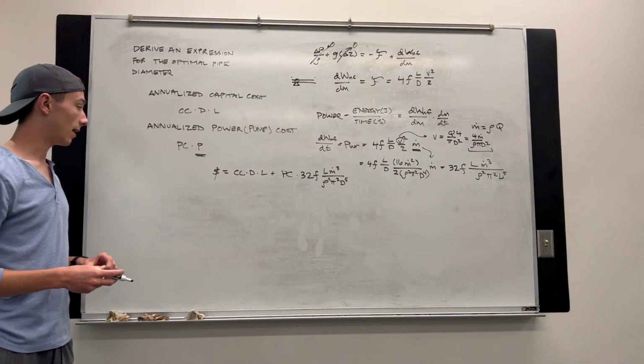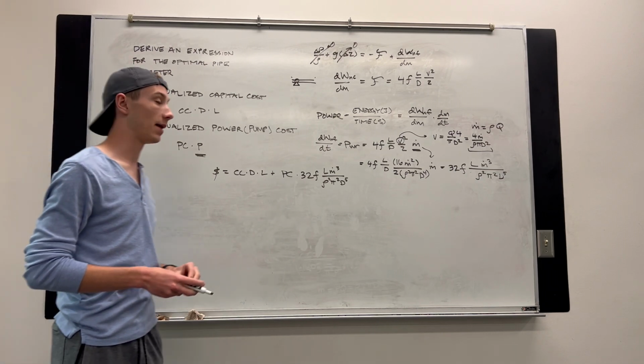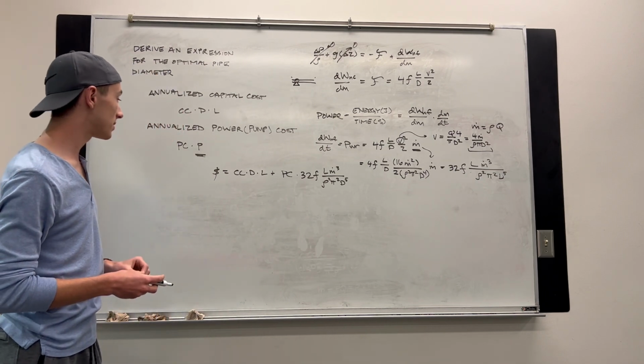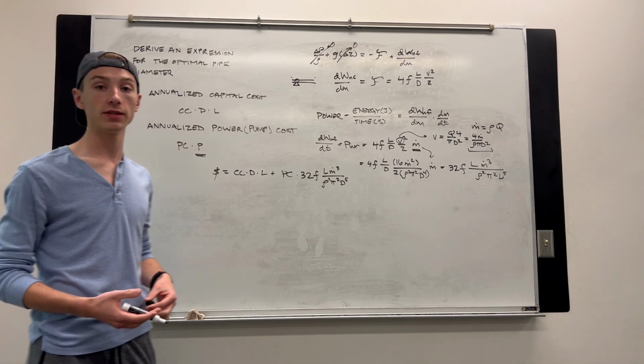Okay, now how do we derive an expression for the optimal pipe diameter? Well, if we want to optimize the cost in relation to diameter, we just simply need to take the derivative of it and set it equal to 0.